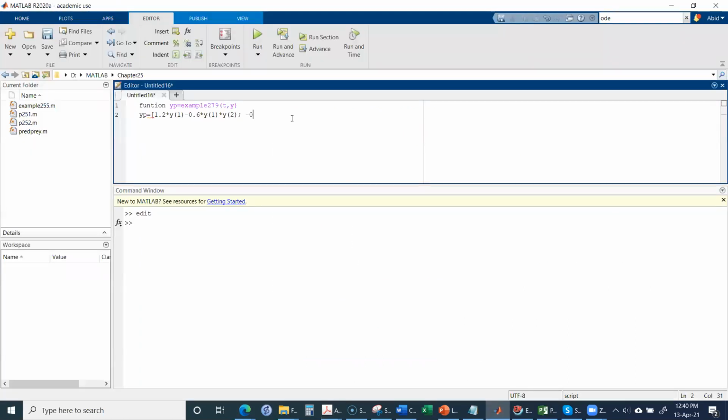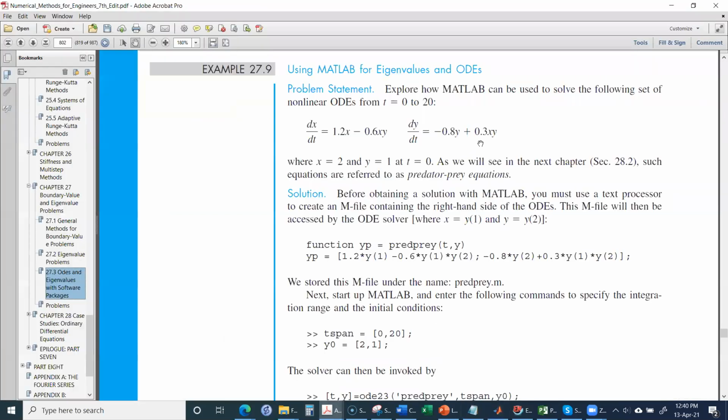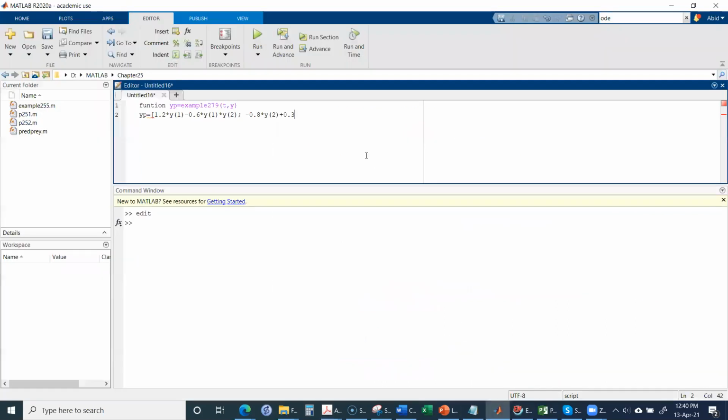So minus 0.8 times y. So y is represented by y2, and plus 0.3 xy, times x.